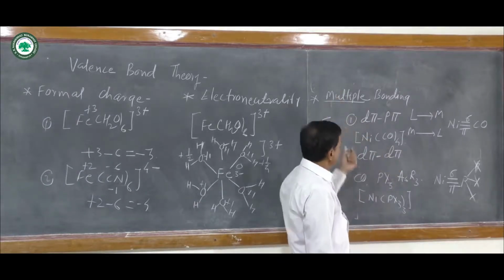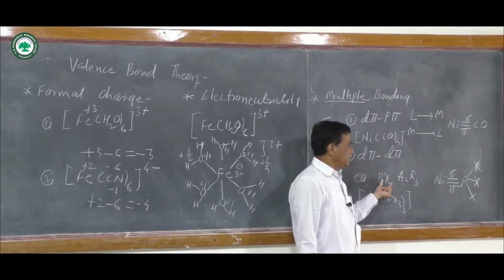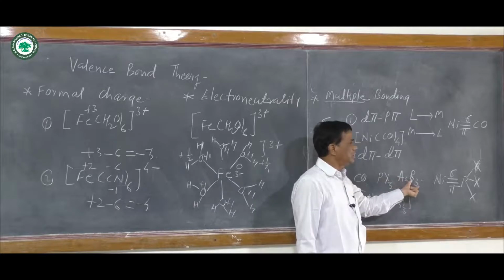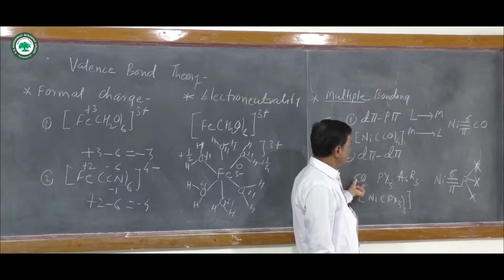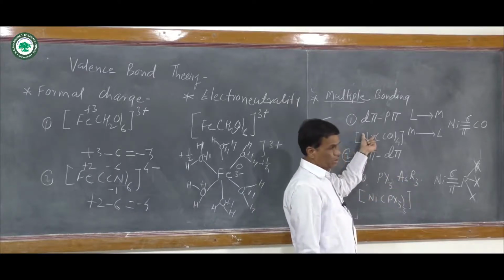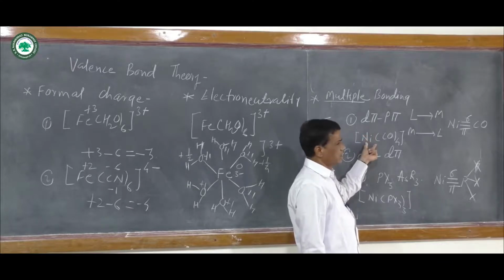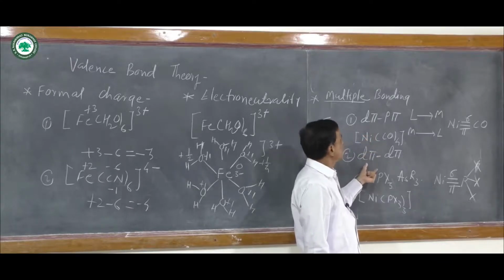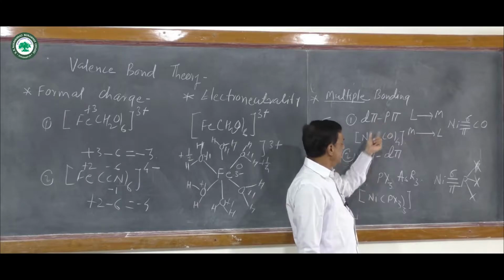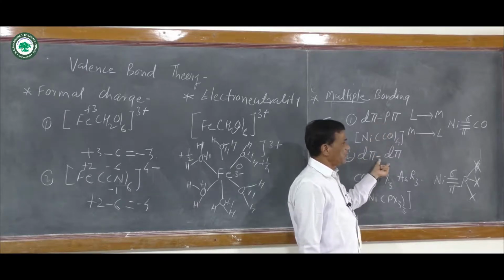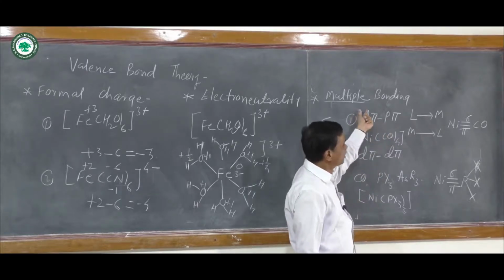Means ligands like carbonyl, phosphorus with three halide ligands, arsenic with R3 ligands, when they combine with d block elements like nickel, cobalt, copper, there is d pi, p pi or d pi, d pi types of overlap and multiple bonding.